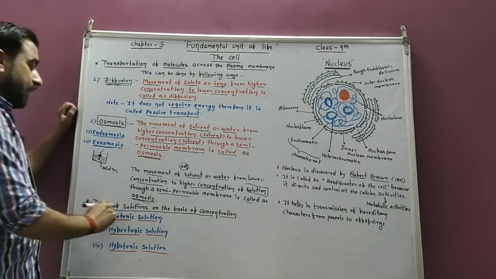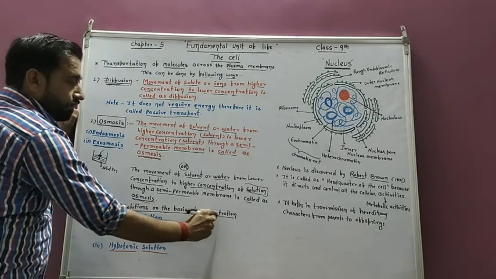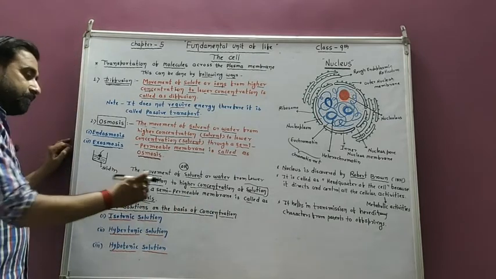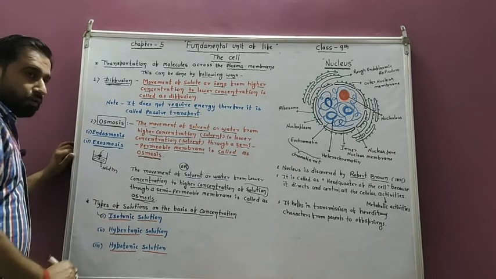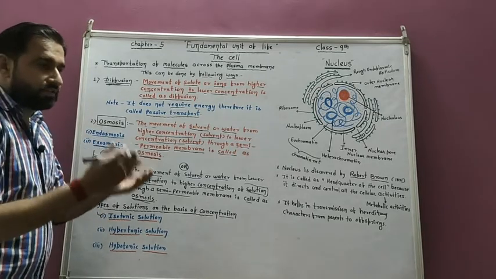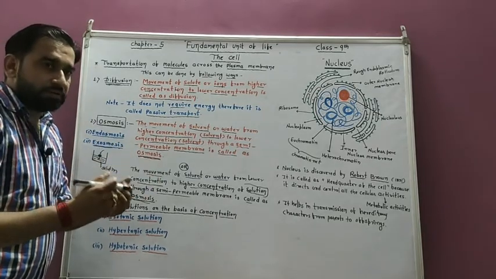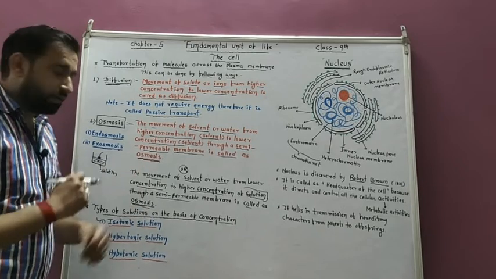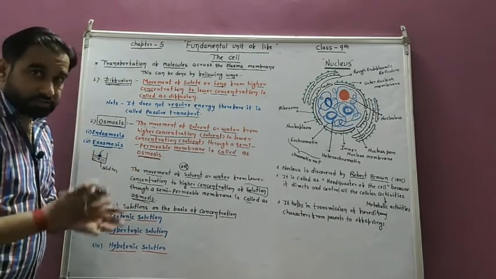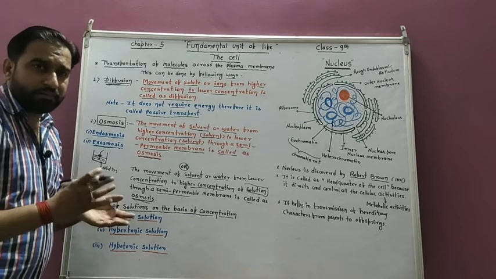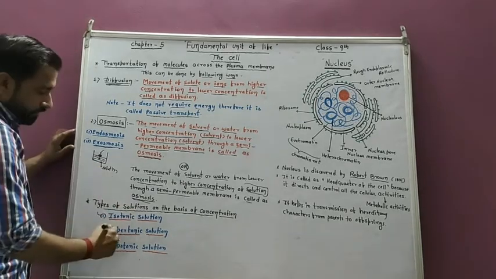Types of solution on the basis of concentration. The solutions are of three types. Isotonic solution means the concentration of the outer surrounding and the cell cytoplasm is equal. This kind of solution is known as isotonic solution. There is no visible osmosis; a little bit of osmosis occurs but is not visible.